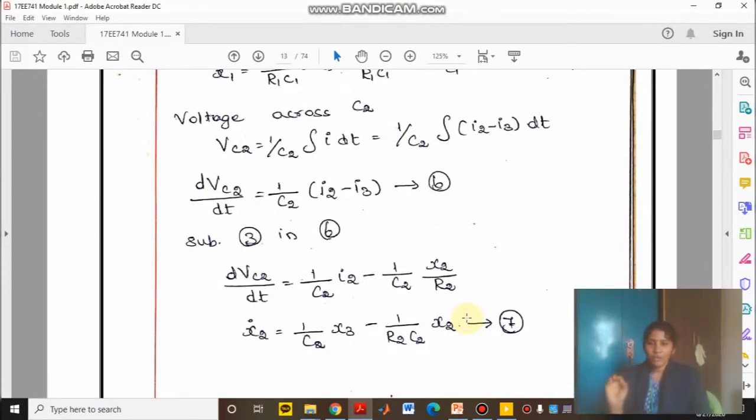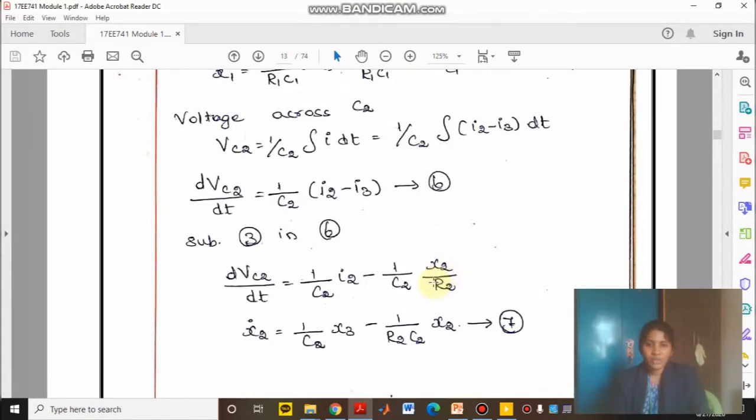When you frame your state variable first order differential equations, x1 dot, x2 dot, x3 dot and so on, the other side of the equation should have only your state variable terms and input variable terms, no other constant. For example, if you do not replace this I3 over here, you will have I3.